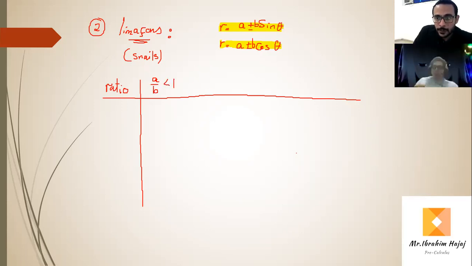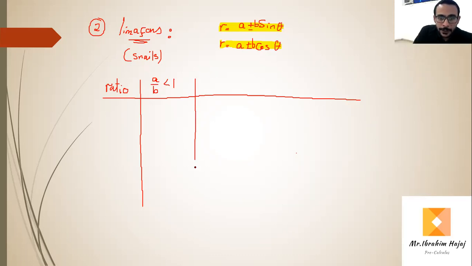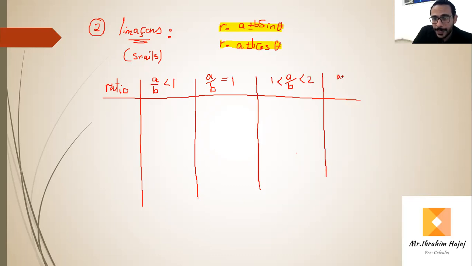The second, A over B is exactly 1. The third, the ratio between 1 and 2. And the fourth, the ratio is greater than or exactly 2. So we have 4 cases according to the ratio between A and B.